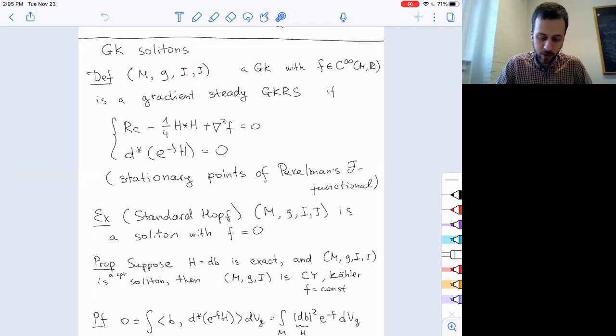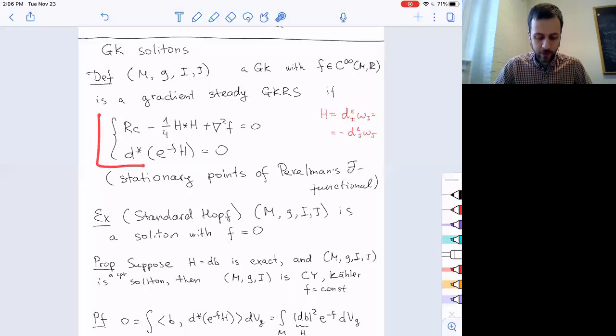From this you can cook up Ricci curvature, and you can cook up the torsion three-form. H here is d^c_I ω_I, or what is the same, negative d^c_J ω_J. So it's a three-form, it's a closed three-form.